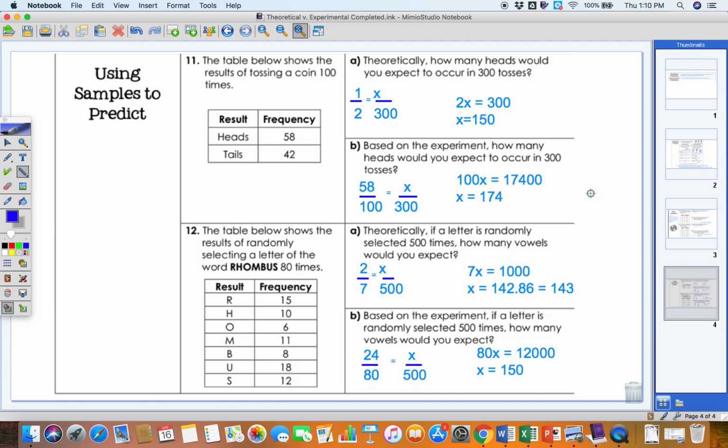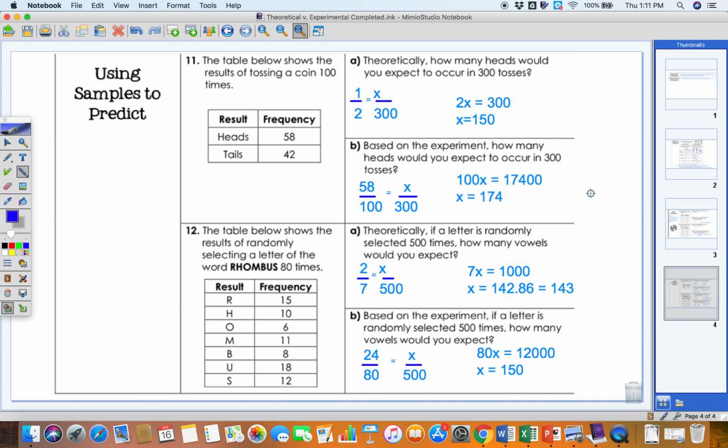Number 12, A and B, is the same thing, but this time we're looking at the results of randomly selecting a letter in the word rhombus 80 times. So we want to know how many vowels we would expect. Well, there's 2 vowels out of 7 letters, so our theoretical probability of drawing a vowel is 2 over 7.